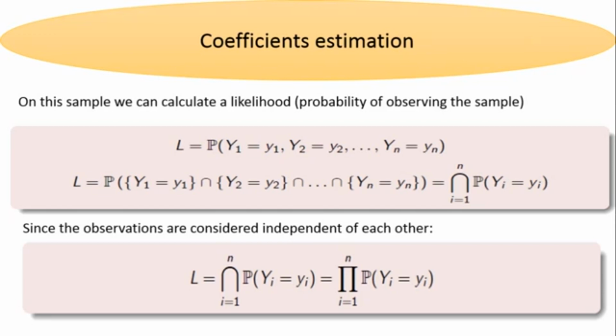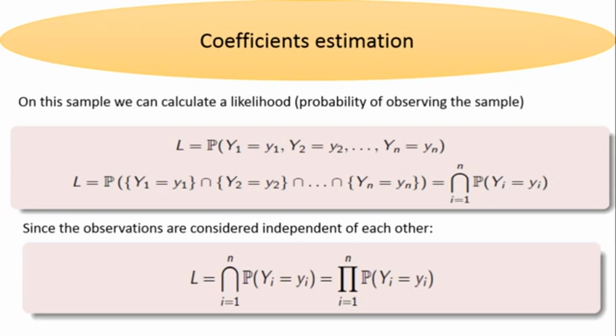That means that for our n independent observations, the likelihood is equal to the probability that y1 takes its realization for the first observation, y2 takes its realization for the second observation, and so on.